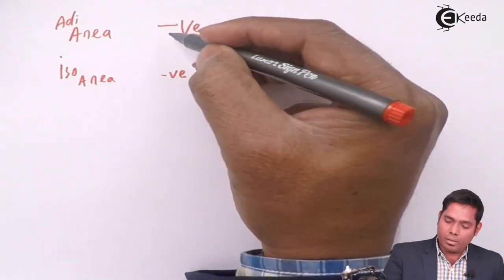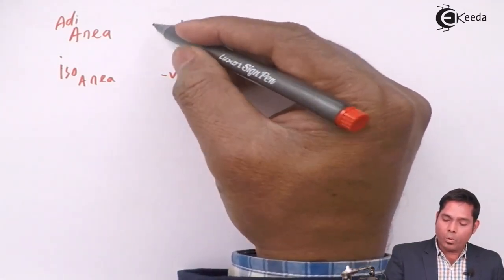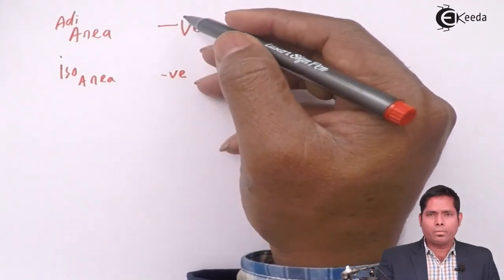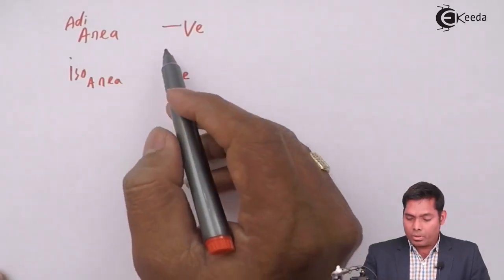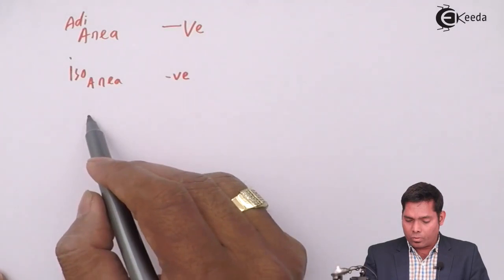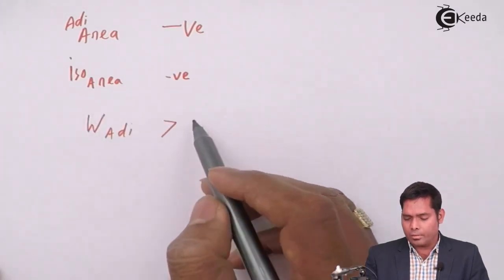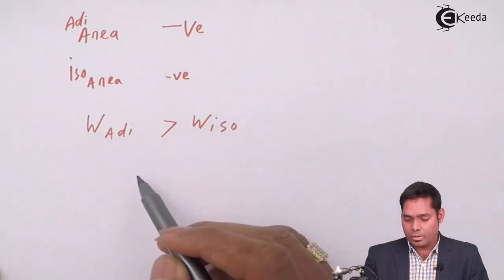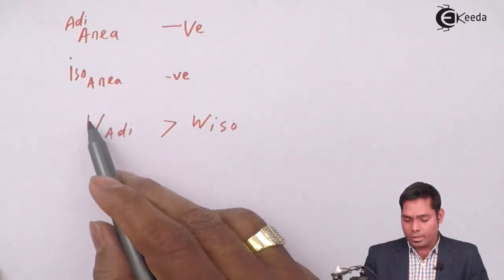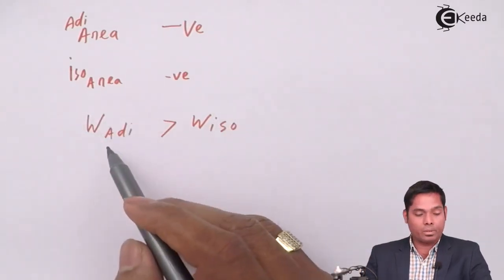Because more work is done here, work done during the adiabatic process is greater than work done during the isothermal process. So more work is required in the adiabatic process.